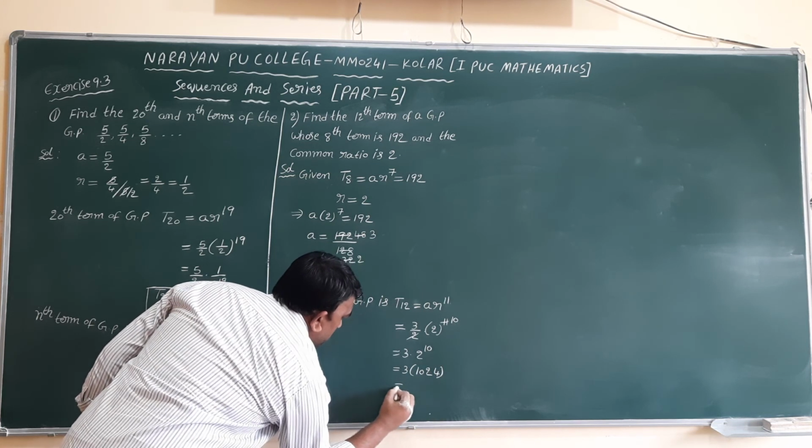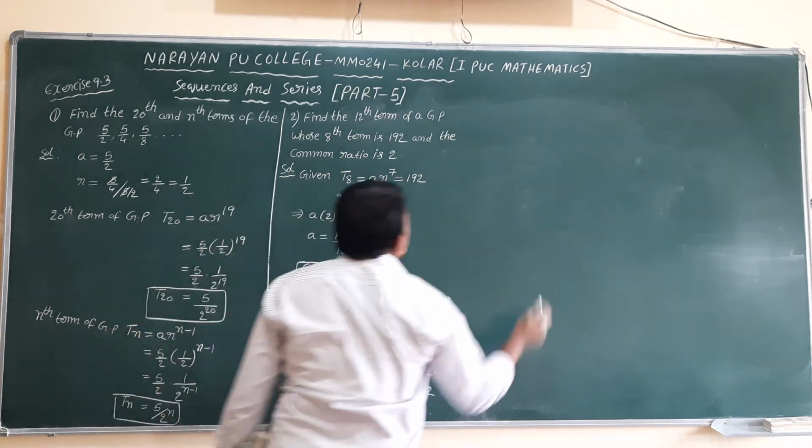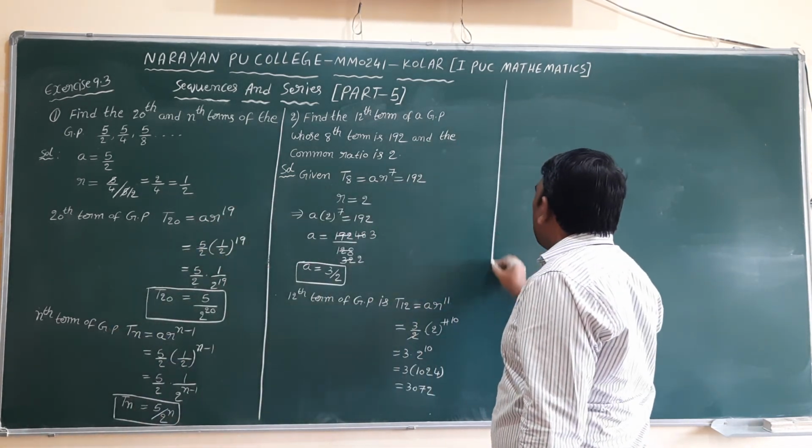So 1024 into 3 is 3072. So the 12th term is 3072.